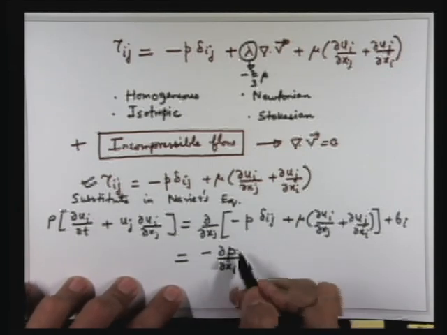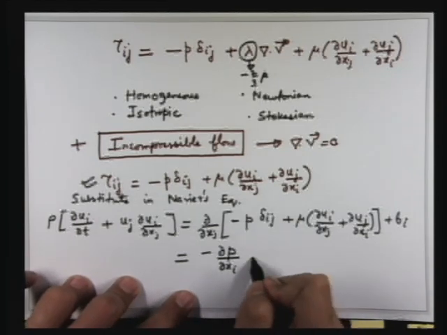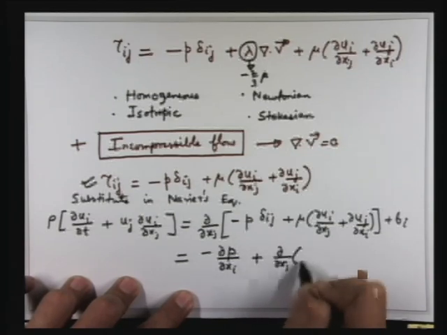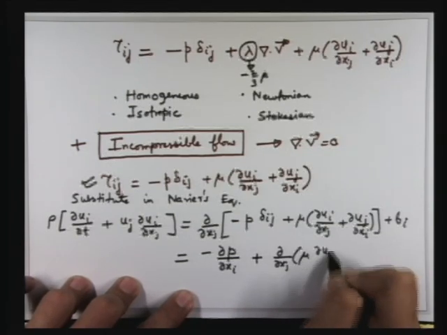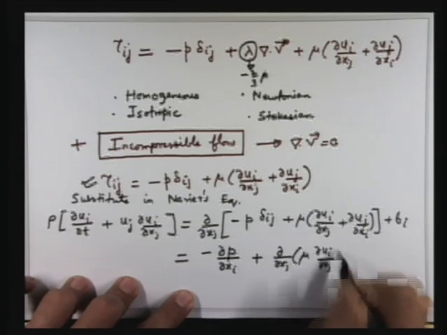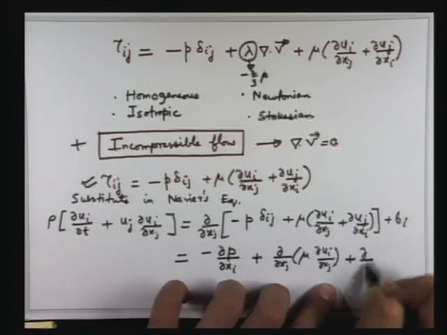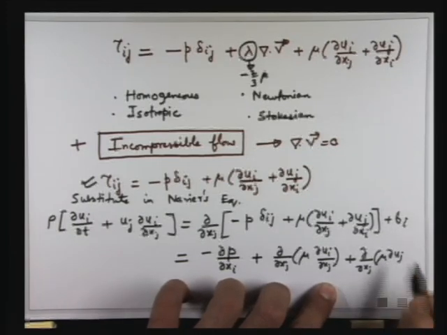So the first term is minus del P del xi. Next term, del del xj of mu del ui del xj. Next term, del del xj of mu del uj del xi. And the last term is bi.